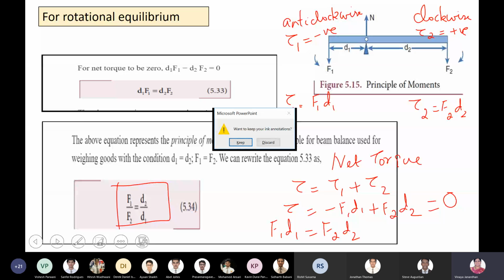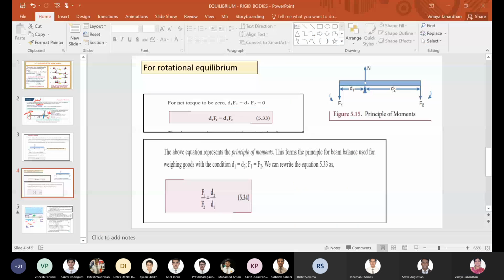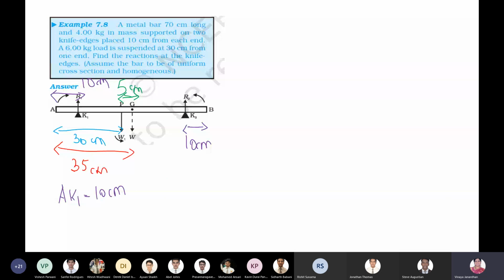Look at this: a metal bar, 70 centimeter long and 4 kilogram in mass, is supported on two knife edges placed 10 centimeter from each end. Only this part of the diagram. Now look at the question.